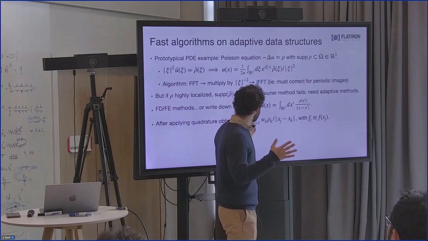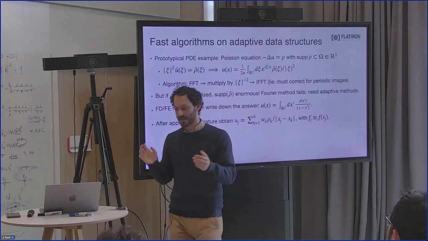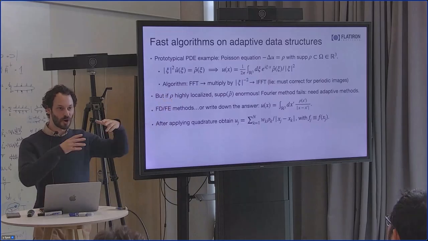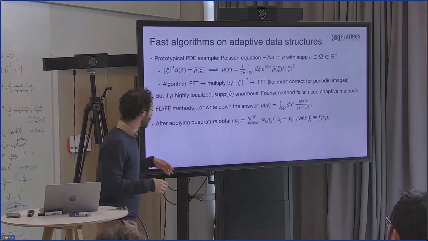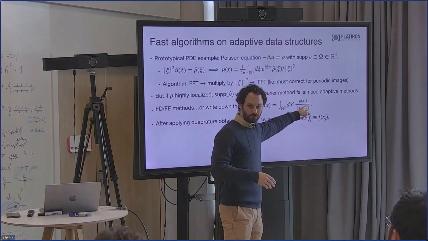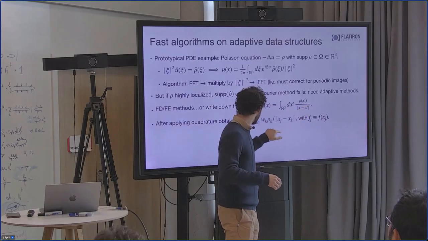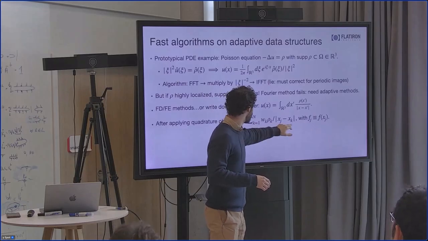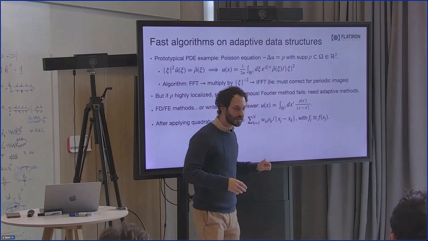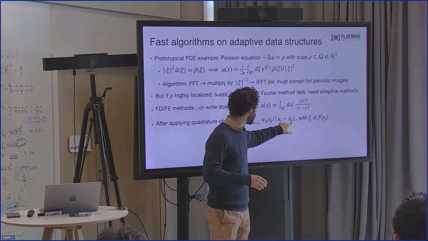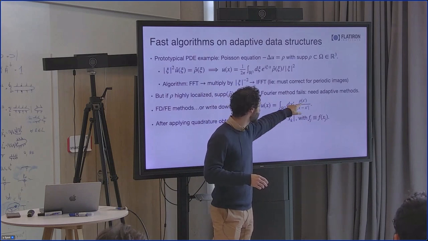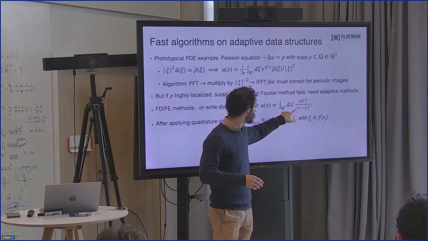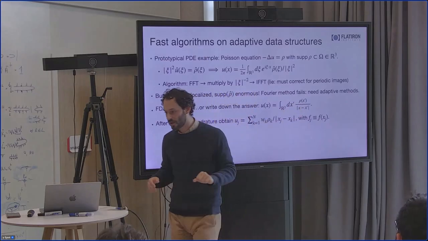So then what I have to do is put down a grid, perhaps in the manner that I explained at the beginning of the talk, in this automatic way, which resolves rho. Then I apply my singular quadratures, and I get a discrete math problem of this type. So x_k are some grid points which have adaptively resolved rho. w_k are some quadrature weights which handle the singular kernel.